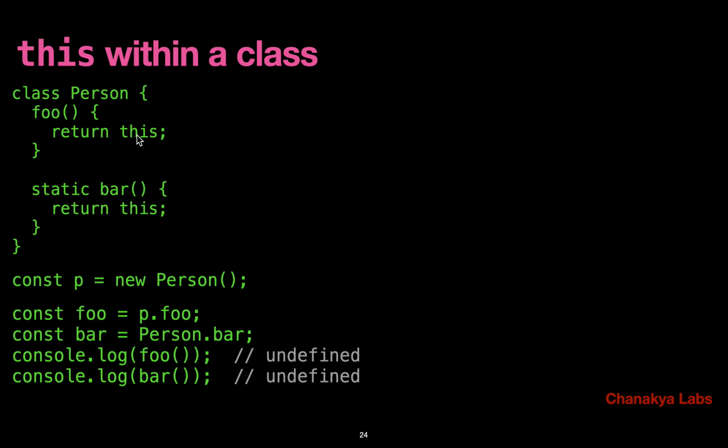Why? Because class runs in strict mode. We saw that in strict mode, if something is called in the global context like this, then the function also used to return undefined. That's why this also returns undefined, because the class, whether here or here, everything runs in strict mode, and that's why this is undefined.